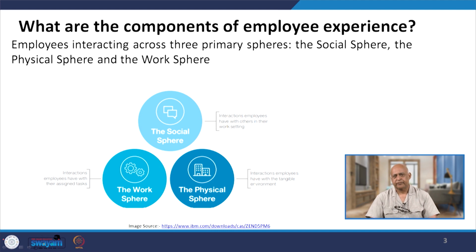Here I would like to mention the impact of light and the impact of space; all these variables come under the physical sphere. So employee experience is the human interaction with others, then the work sphere, that is what type of task he is doing, and the physical sphere.